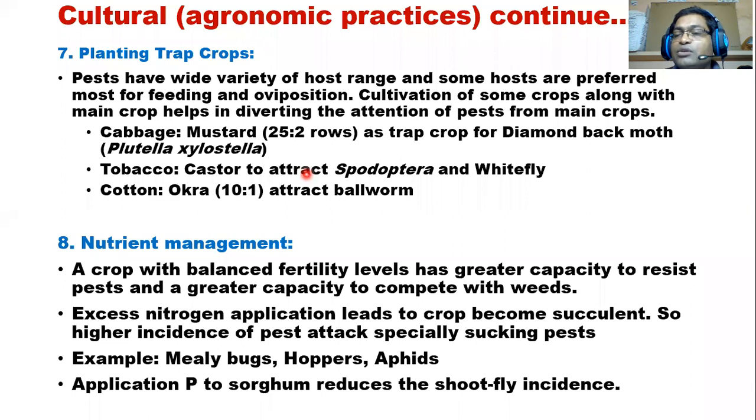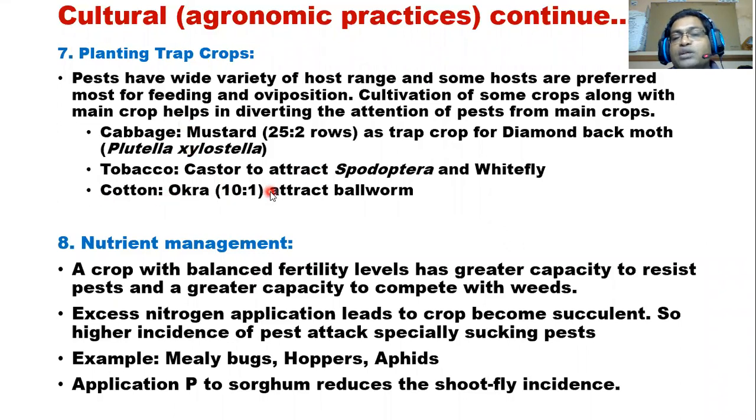Cotton is from the family Malvaceae. We are cultivating okra, which is also a member of the Malvaceae. In between the cotton here and there, or before planting cotton, if you cultivate okra, you will attract more cotton bollworm towards okra than the cotton. That's how it is recommended.